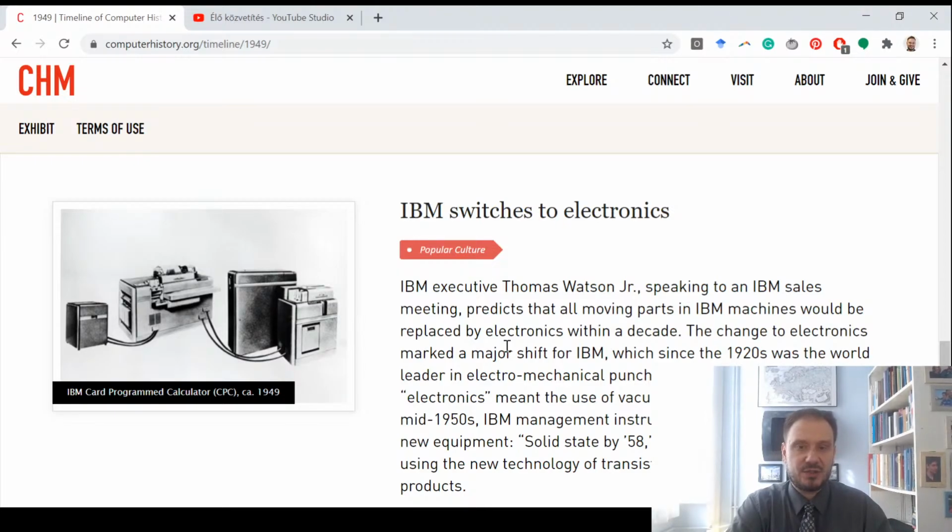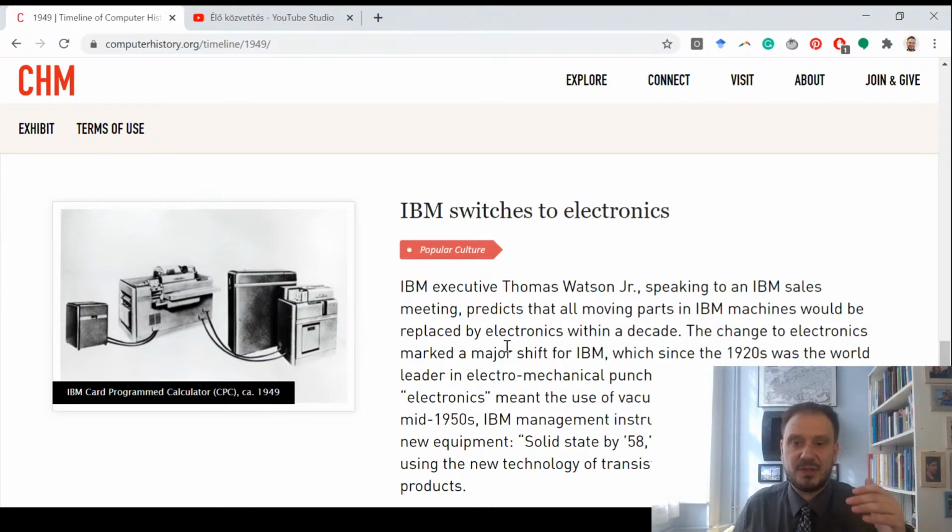The change to electronics marked a major shift for IBM, which since the 1920s was the world leader in electromechanical punch card systems, for example. Initially, electronics meant the use of vacuum tubes for circuitry, but in the 50s, they made new equipment using transistors.